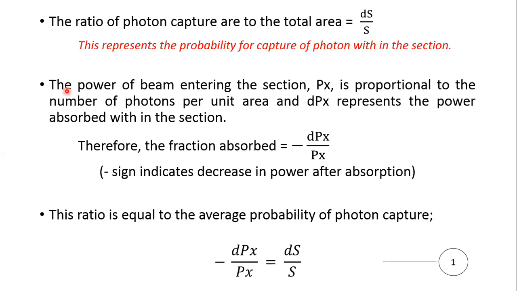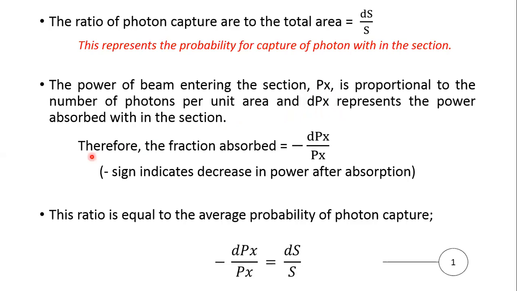Now the power of the beam entering this section, Px, is proportional to the number of photons present per unit area, and dPx is the power absorbed in this section. So Px is the light that is entering and dPx is the light that is being absorbed.